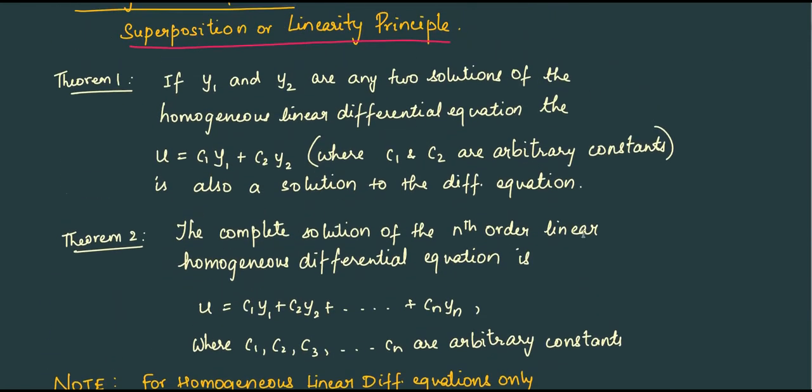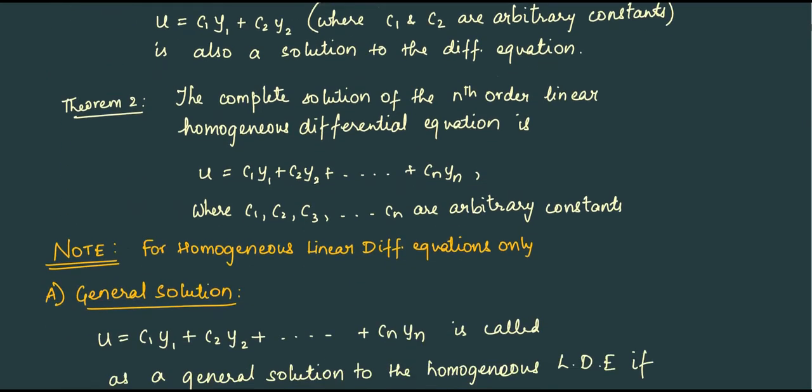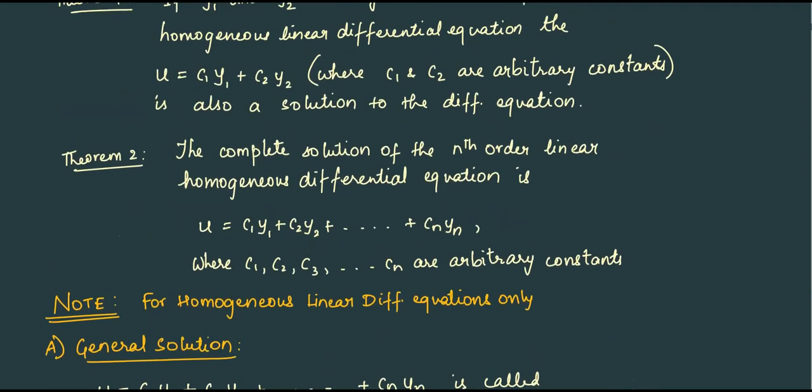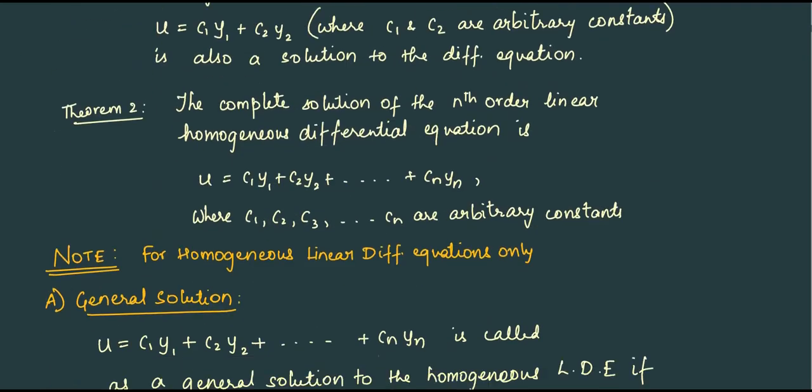So complete solution of nth order linear homogeneous differential equation will be of this form: c1y1 plus c2y2 plus so on up to cn yn, where c1, c2, c3 so on up to cn are arbitrary constants, and y1, y2, yn are functions which satisfy the homogeneous linear differential equation.